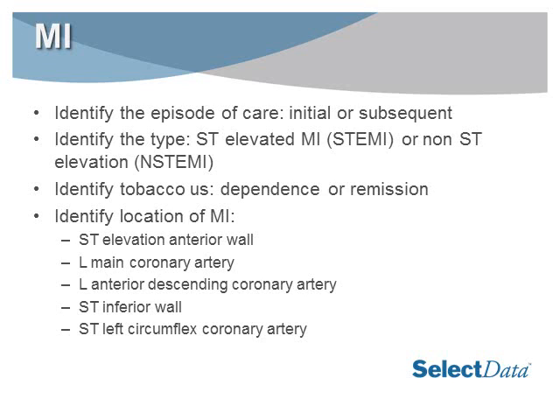Identify if there's tobacco use, dependence, or remission. And you must identify the location of the MI, whether it was ST elevation of the anterior wall, of the left main coronary artery, the left anterior descending coronary artery, the ST inferior wall, or the ST left circumflex coronary artery.